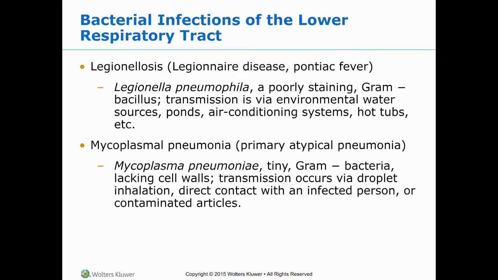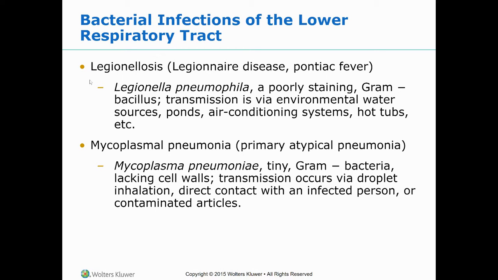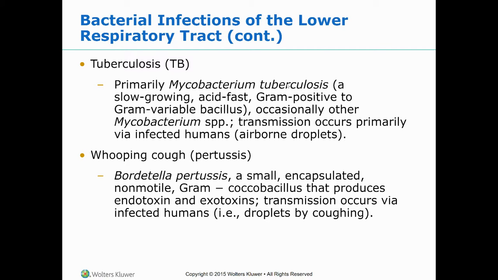Okay. So lower respiratory tract, again, this is Mycoplasma pneumoniae. Again, these are gram negatives. They're going to occur in your lower respiratory tracts. And this is another type of pneumonia, essentially, but it's called Legionnaires' disease or Pontiac fever. You can also get tuberculosis and whooping cough.